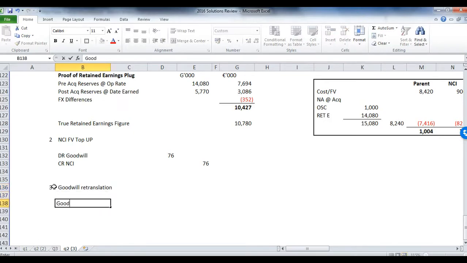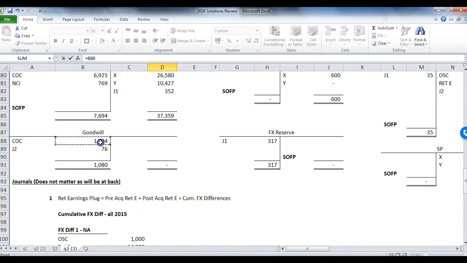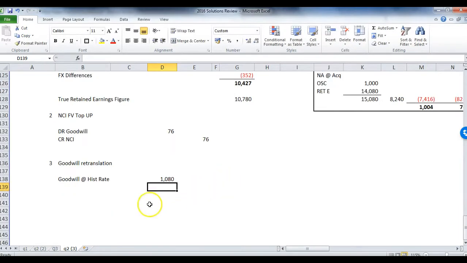So the goodwill at historic rate was 1080, as calculated up here. However, we now want to retranslate at closing rate.